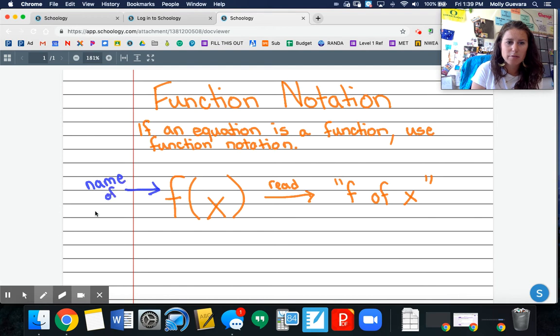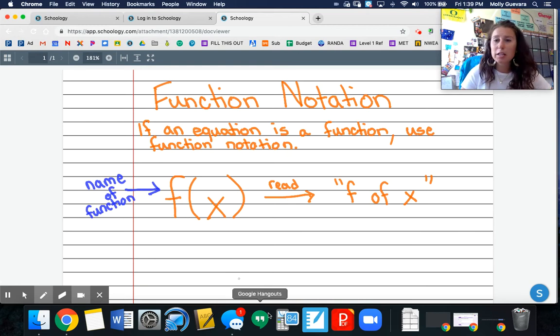Name of the function. And you can name the function anything you want. You can name it g, you can name it h, you can name it m, you can write whatever. We typically use f just because it stands for function. But if we're talking about multiple functions, the common ones that we use are f, g, and h. So we could have f of x, g of x, or h of x, or the common ones.